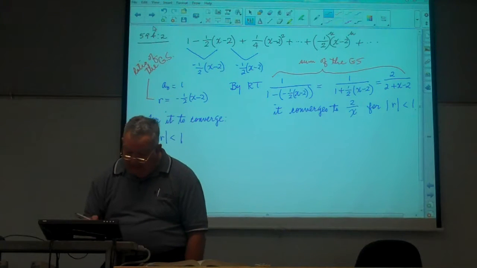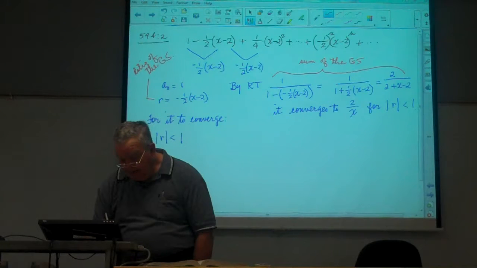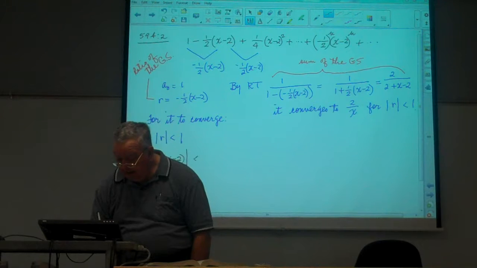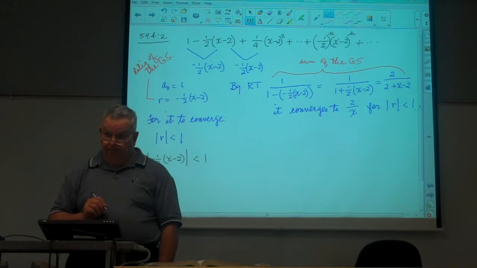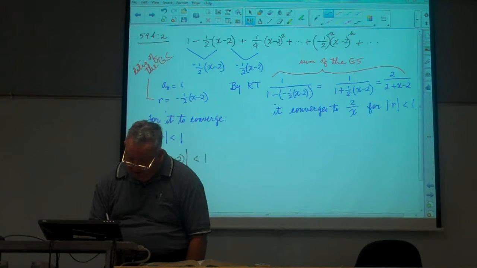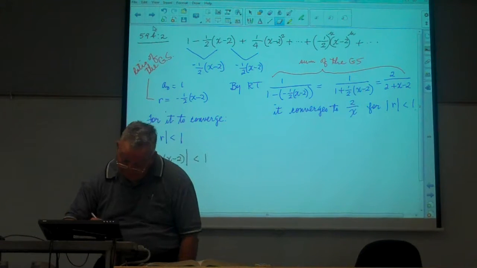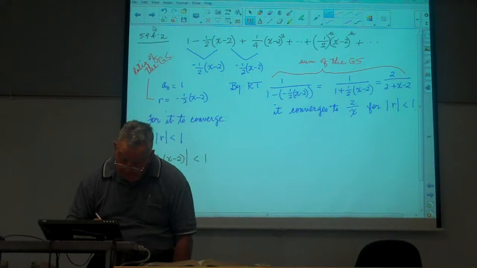So now I want the absolute value of minus 1/2 times x minus 2 to be less than 1. Everybody agree? But right off, I'm going to tell you that that's 1/2 times the absolute value of x minus 2 is less than 1.